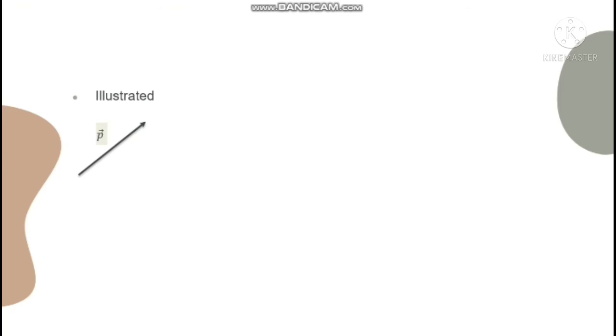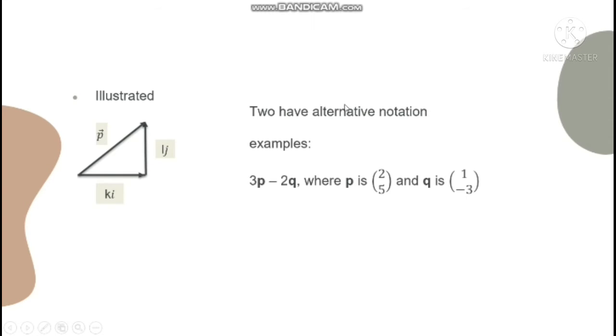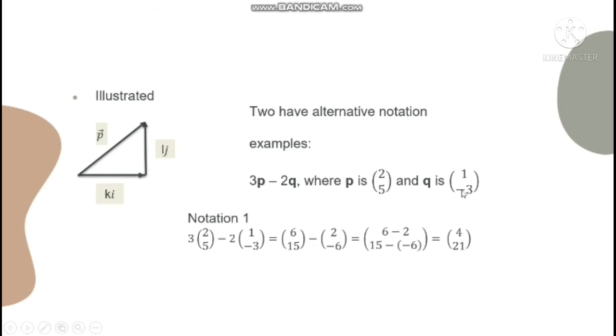Illustrate. This is a vector P. This is a component of vector P in the x and y direction. Ki and Lj are scalar multiples. For alternative notation, for example 3p minus 2q, where p is (2, 5) and q is (1, negative 3). Notation 1: we substitute p by (2, 5) and q by (1, negative 3).